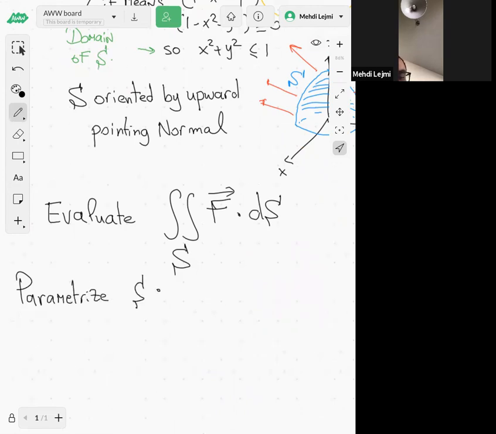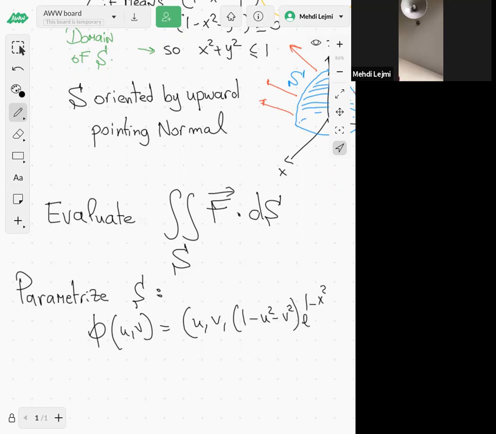So S would be just u, v, where u and v are independent variables, but z would be equal to your function, right? So z is equal to 1 minus u squared minus v squared times this very complicated exponential. Sorry, it's not x, it's u now: minus u squared minus 3v squared. All right, this is the parameterization.